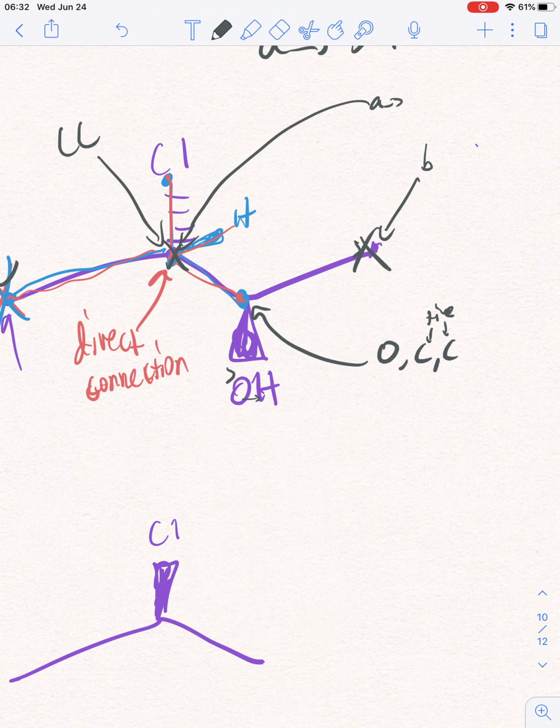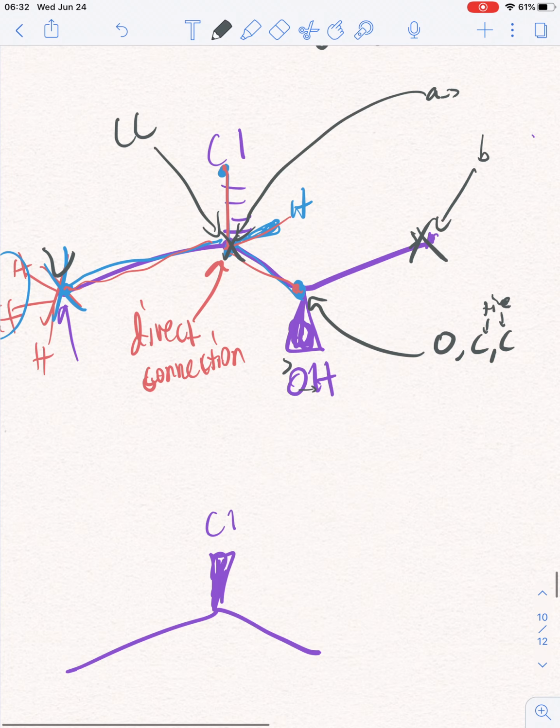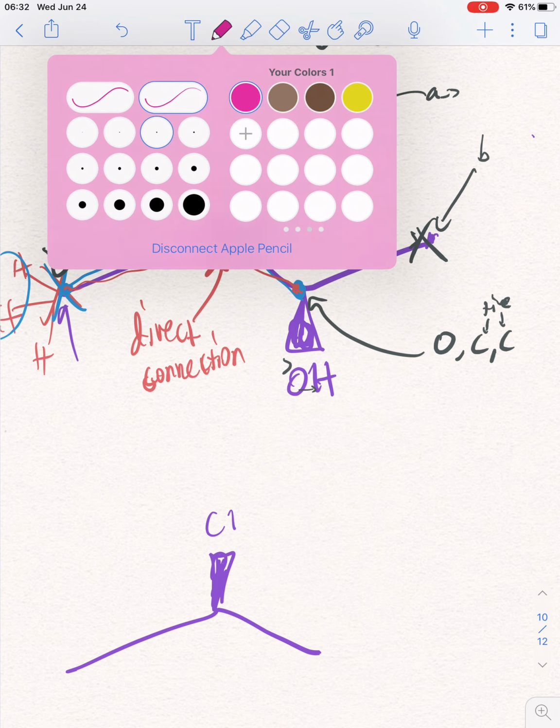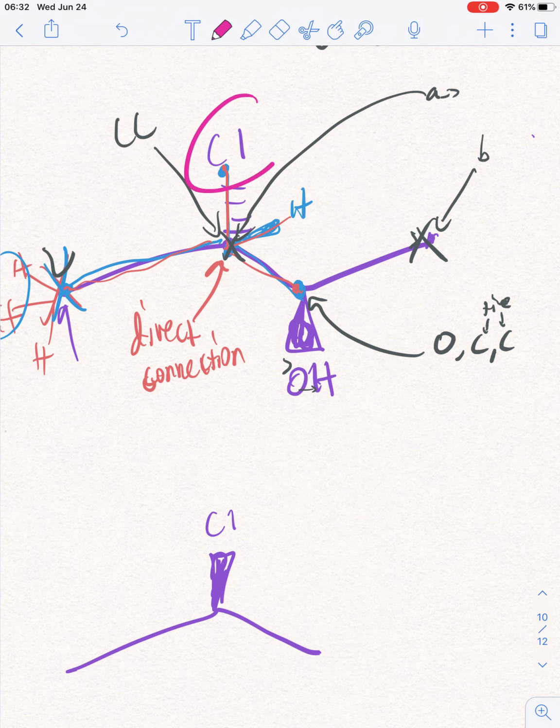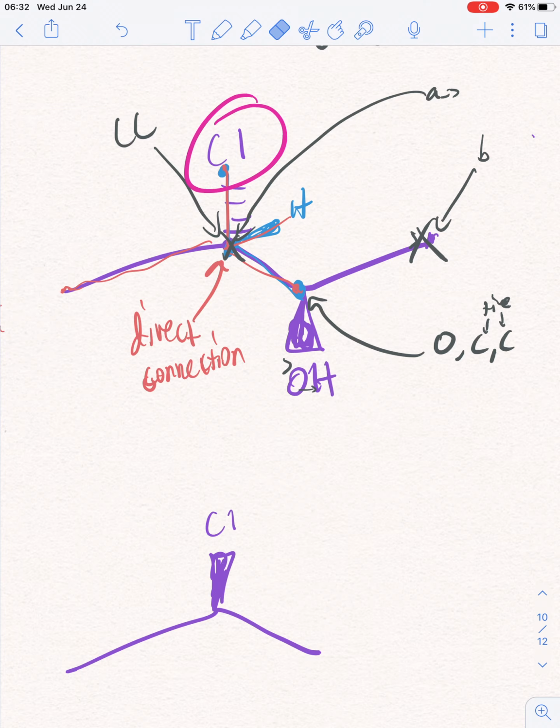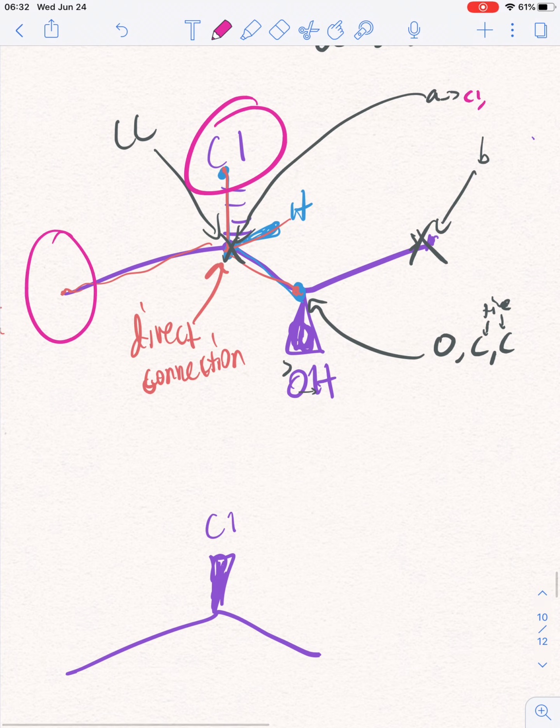A is connected to, let me see if I can find a bright color, okay, pink, a chlorine and directly connected to a carbon. Hold on, I'm just going to erase these, this is just too much. So A has a chlorine and a carbon.